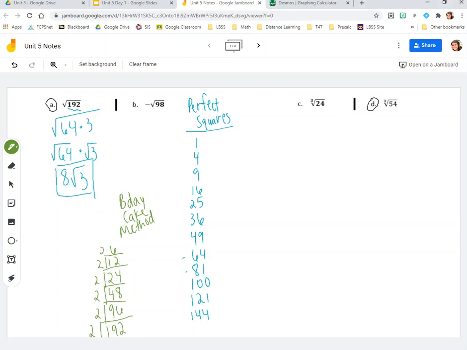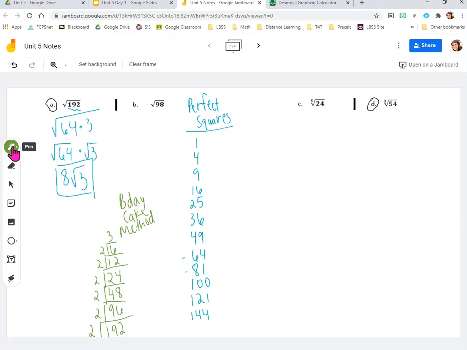And then I can still go one more time. 6 divided by 2, I get 3. So the birthday cake method works by dividing repeatedly until you get to a number at the top that can't be simplified. It's nice to get a 1, like a birthday candle, but sometimes we might end up with 3, or 2, or any other prime number that can't be simplified.